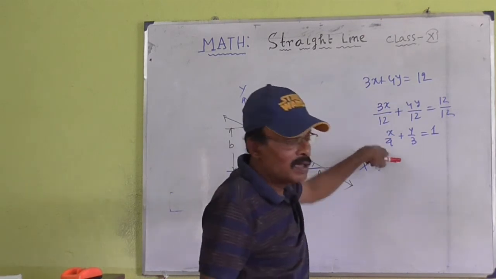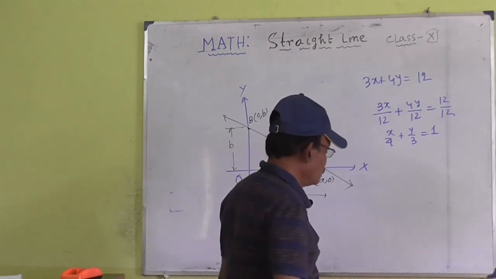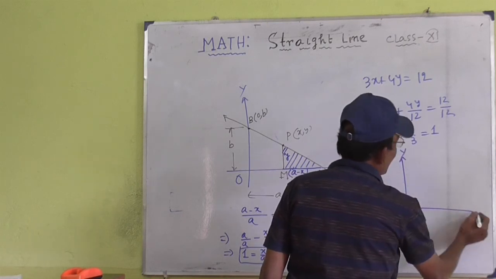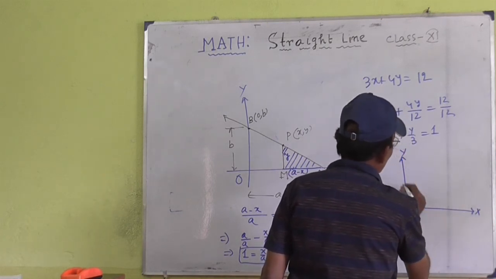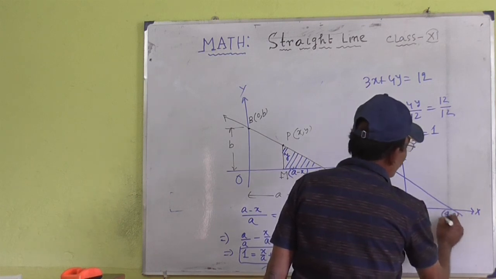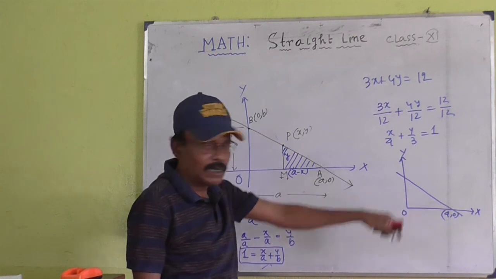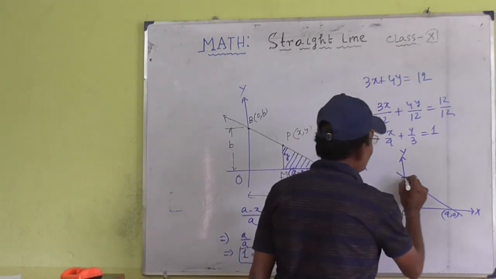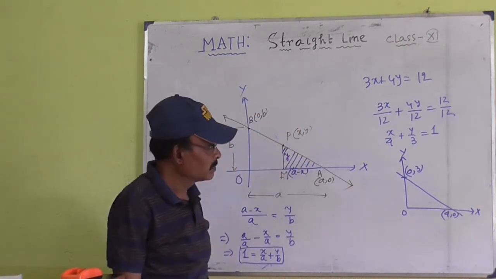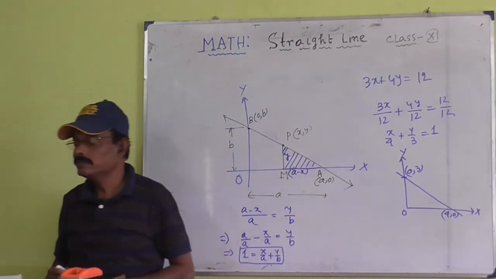This is the intercept form of the equation. Here this is (4, 0), the x intercept, and this is (0, 3), the y intercept. Clear?